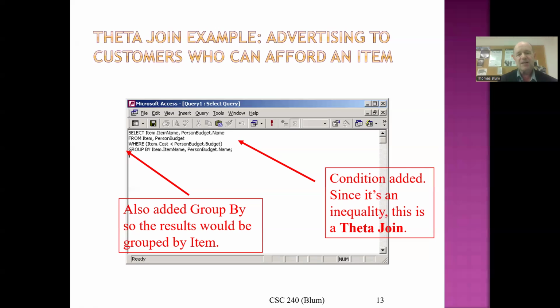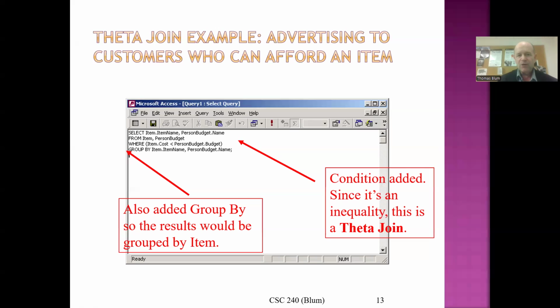Here we go. Select item name, person budget name from item comma person budget, where the item cost is less than the person's budget. That was enough to do the theta join, to match up items and persons who can afford them. But I added a group by, which just helps me organize my results.